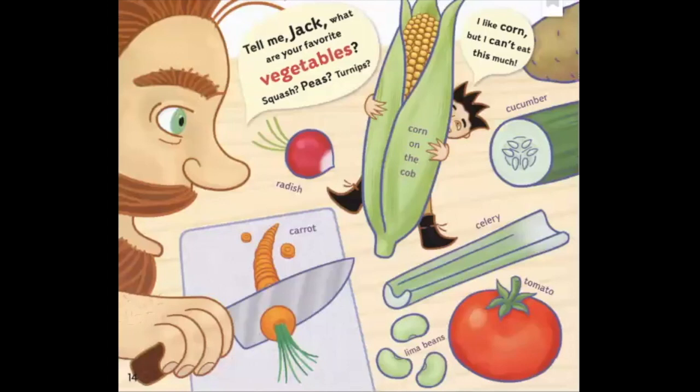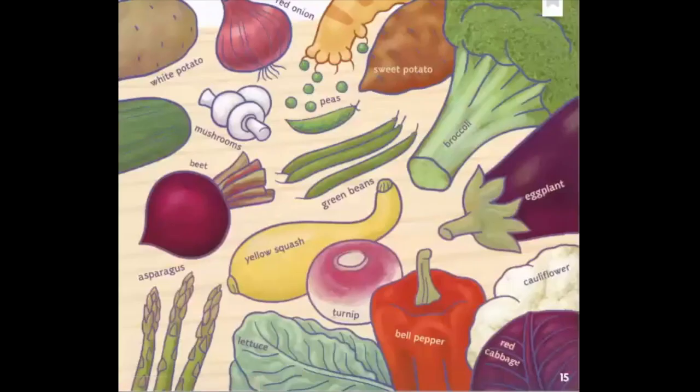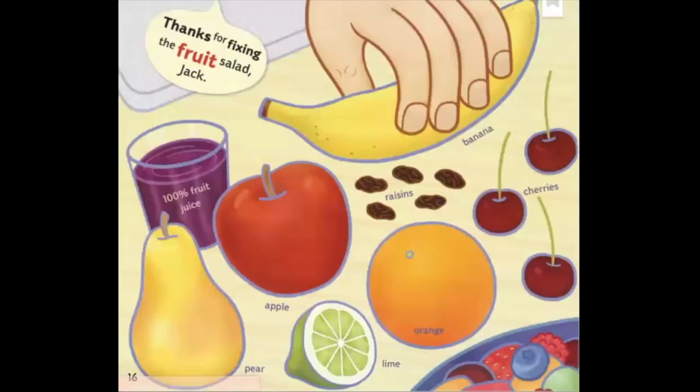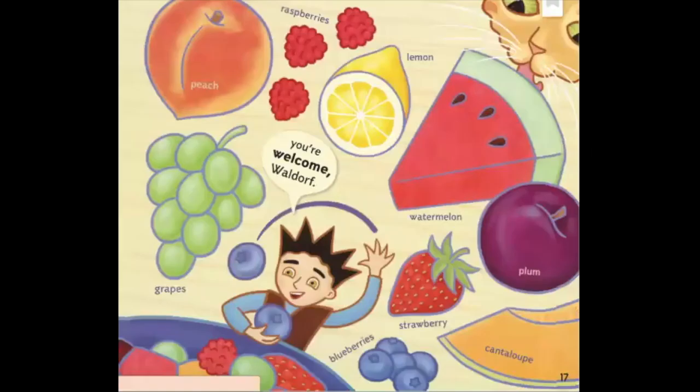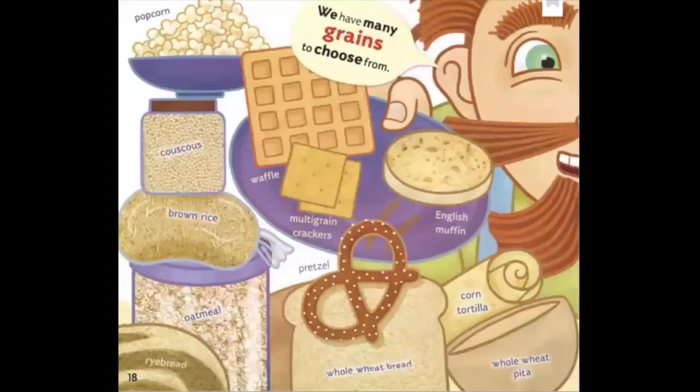Tell me, Jack, what are your favorite vegetables? Squash? Peas? Turnips? I like corn, but I can't eat this much. Thanks for fixing the fruit salad, Jack. You're welcome, Waldorf. We have many grains to choose from.